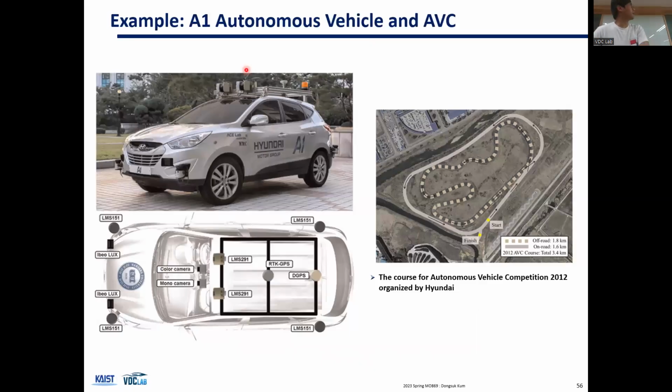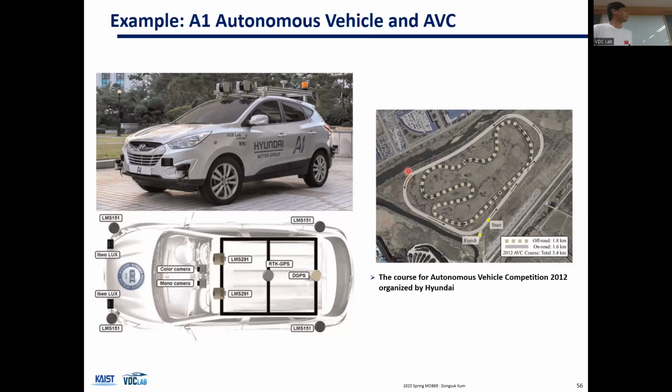From all the planning processes that you have learned, here's an example for the A1 autonomous vehicle by Hanyang University for the autonomous vehicle competition 2012 organized by Hyundai. For this competition, you are tasked to travel along this dirt road.